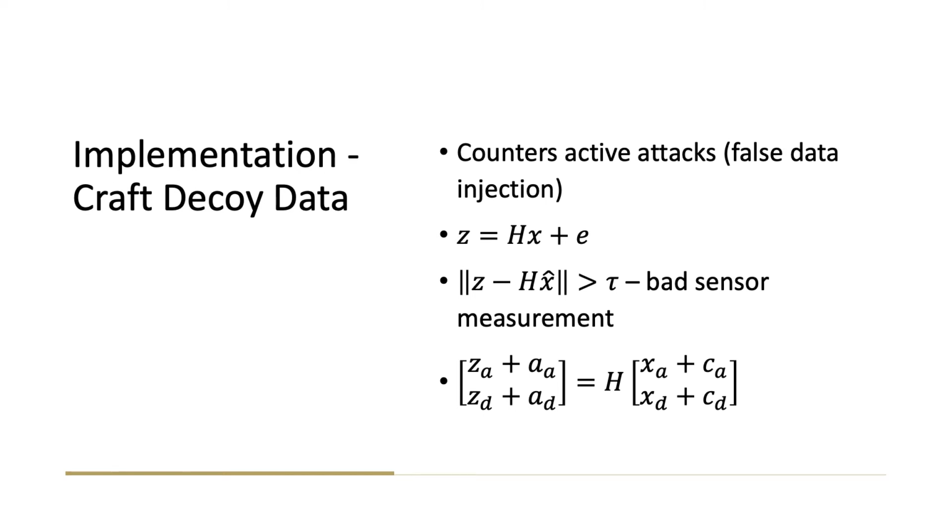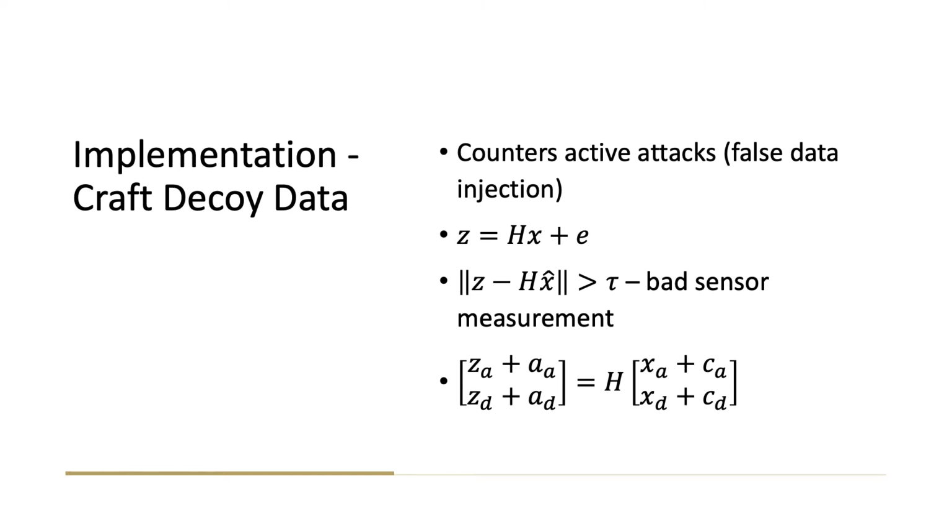What the attacker will try to do in this case is inject some packets containing these measurements and send this packet to the controller to make the controller update the system to a false state, so as to achieve their attack goal.